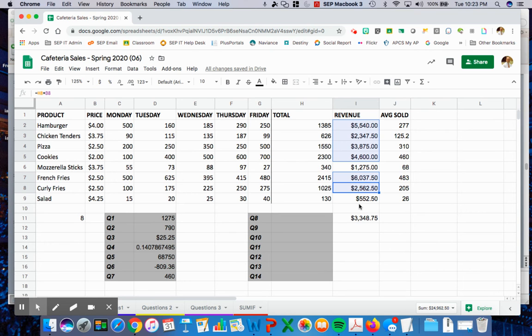So this next type of counting, I want to be able to count things that meet a condition or a criteria. Only count products whose revenue is more than 2,000. Another question could be, how many students in the class are female? That's different than how many students are in the class, period.